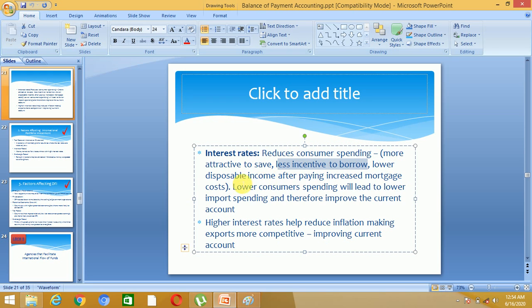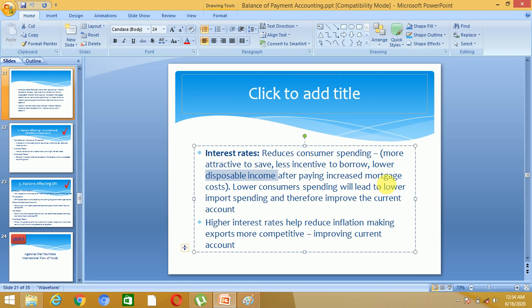Lower disposable income. Disposable income is basically that income which is available to you for, I'm not sure about that, but I think it is the money that is available to you for your spending. After paying the taxes, the money that you receive is disposable income.